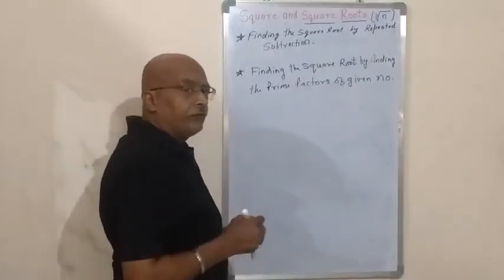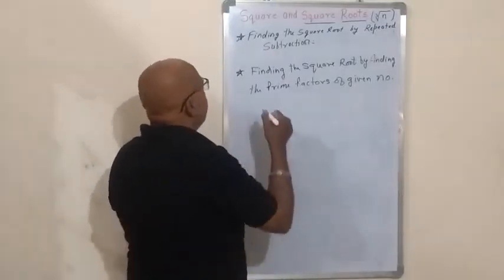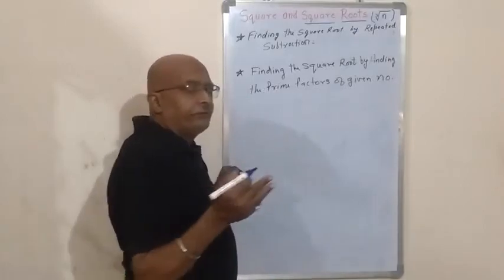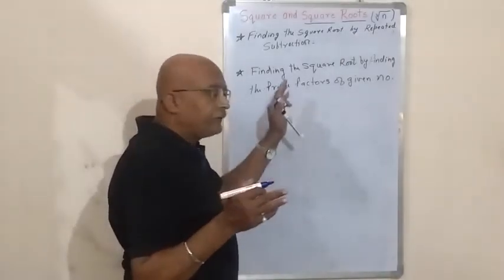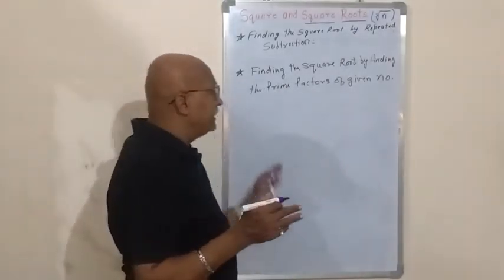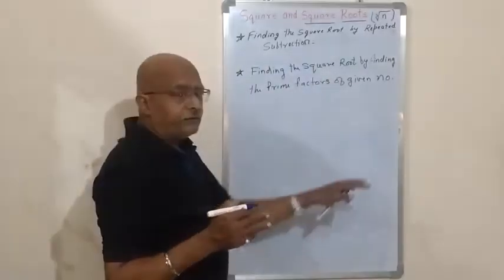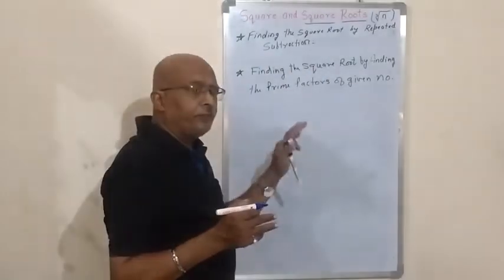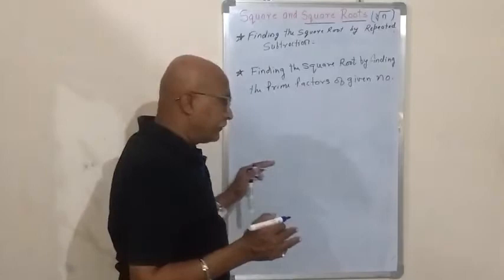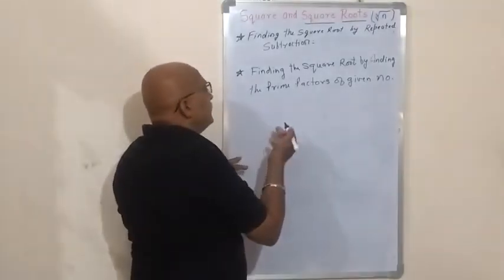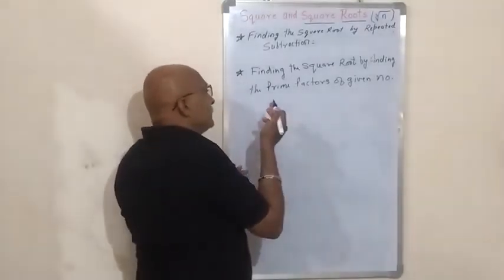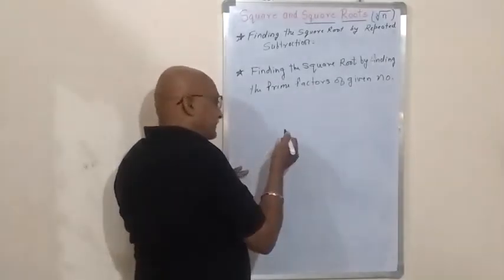Here what we have to do is, first let's take a perfect square. We'll deal first with perfect square numbers only, and then we'll deal with non-perfect squares also. So first I am going to deal with perfect squares.